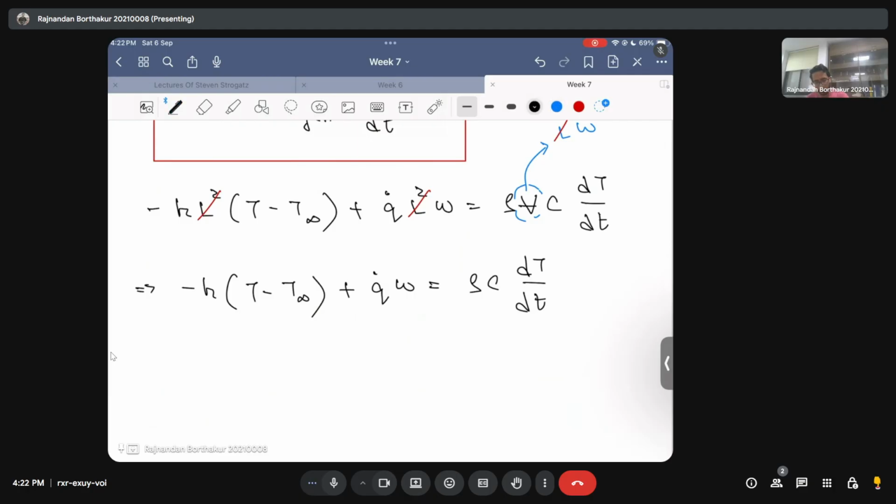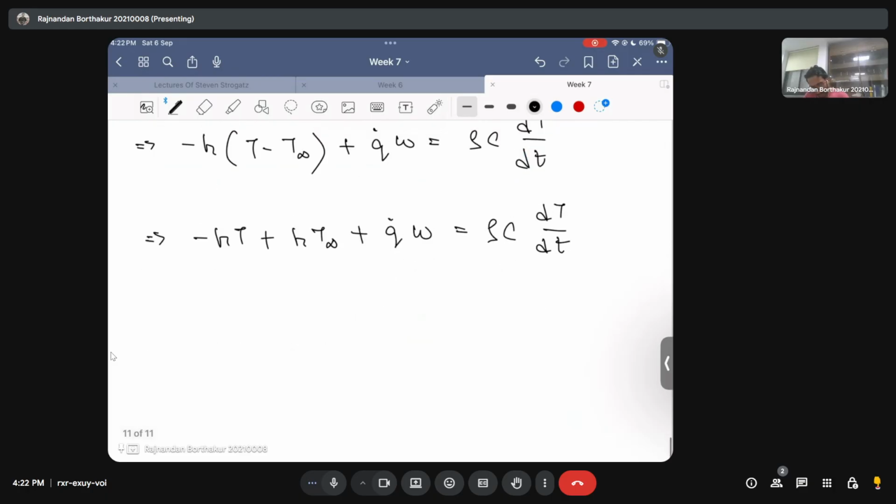For this we need to know the profile for T, and this is what we'll do. Let's write this term like this: h times this plus q dot W equal to rho C times dT/dt. I'll divide the entire expression by rho C, and take the terms to the other side.